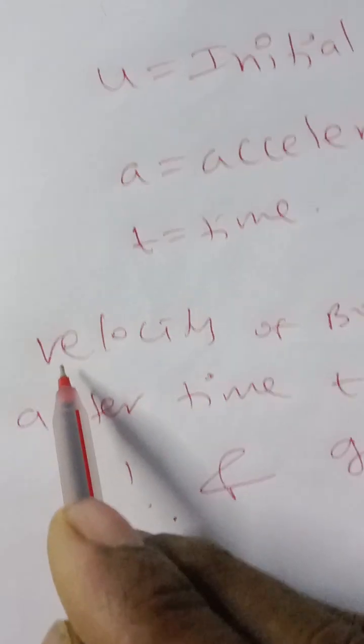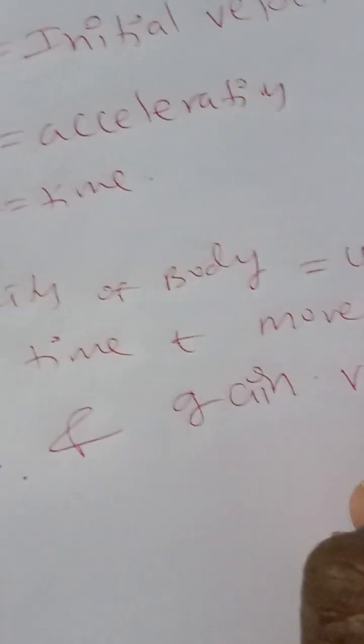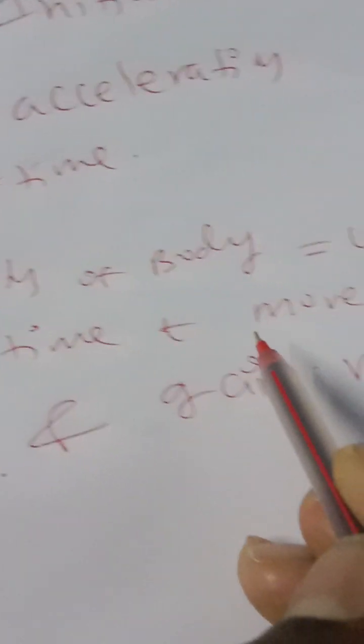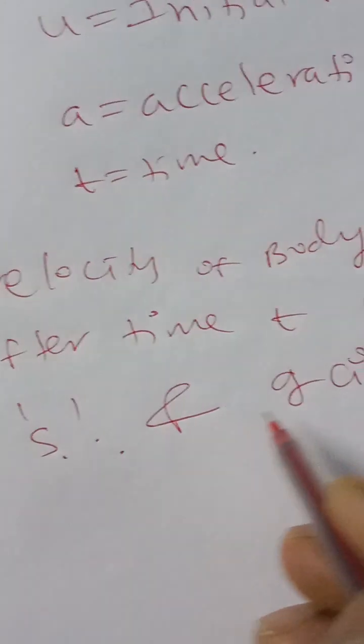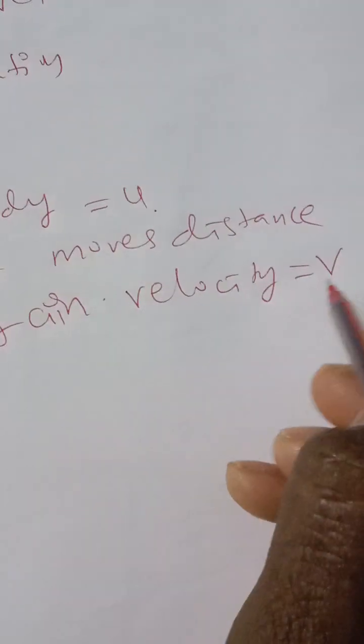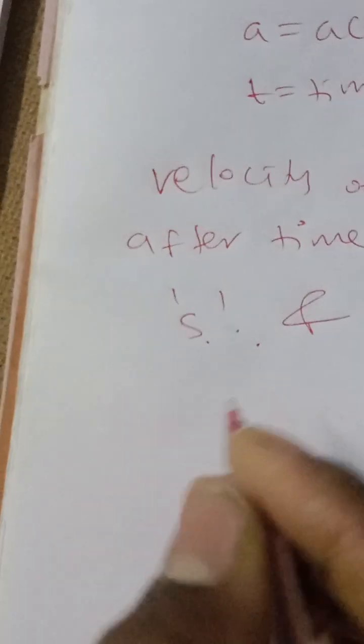I am repeating, the velocity of the body is u, meaning initial velocity. After time t, it moves a distance called s, and gains velocity v. v is the final velocity, u is the initial velocity.